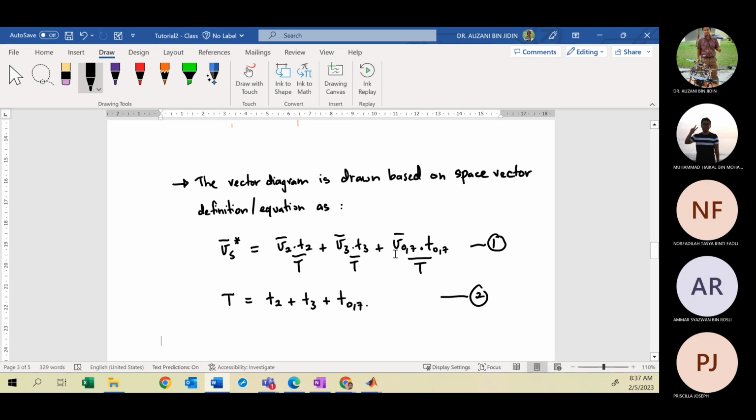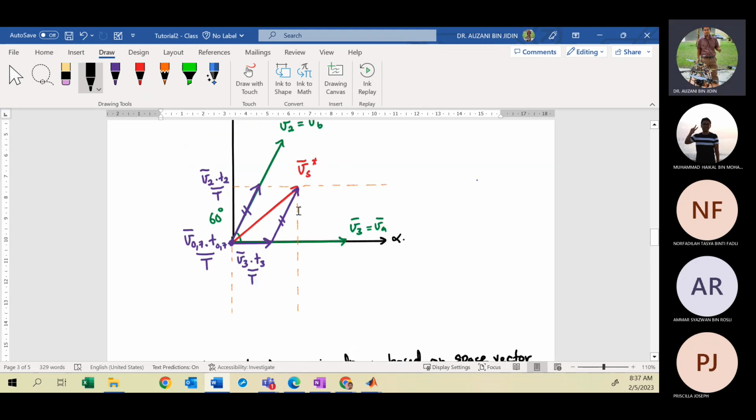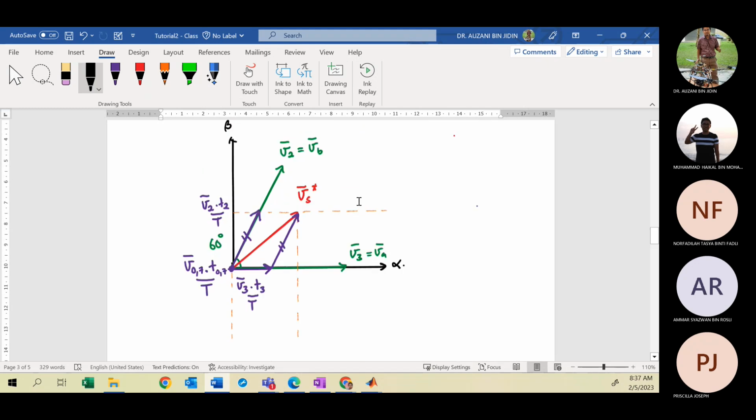Clear? So you must know how to draw the vector diagram geometrically and properly before you derive the equation. Remember, your derivation must be supported by this drawing, the vector diagram. Clear?